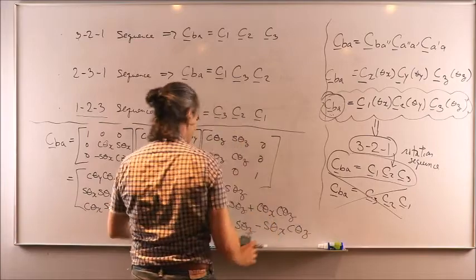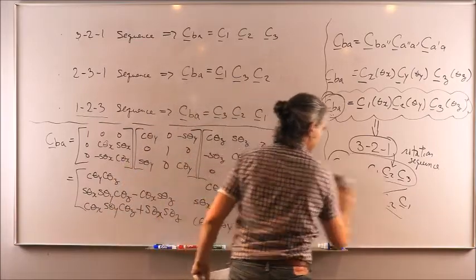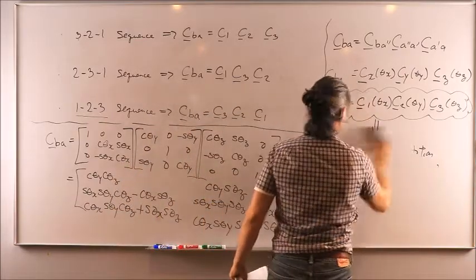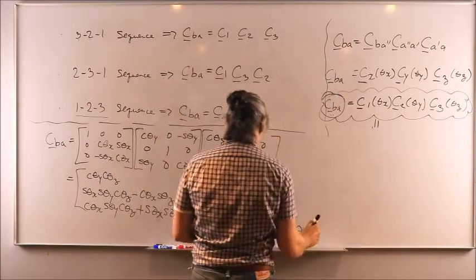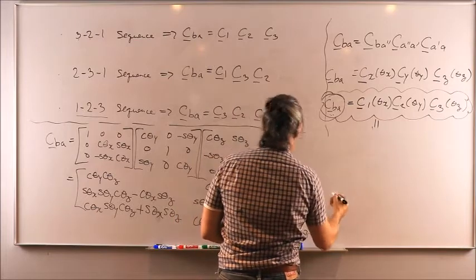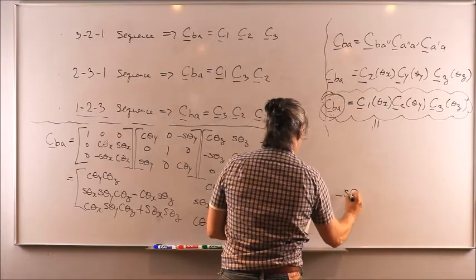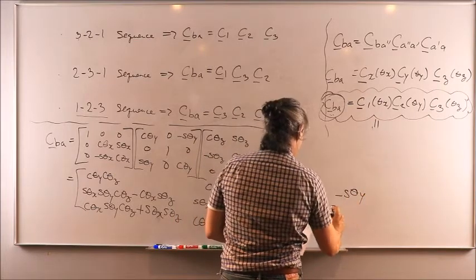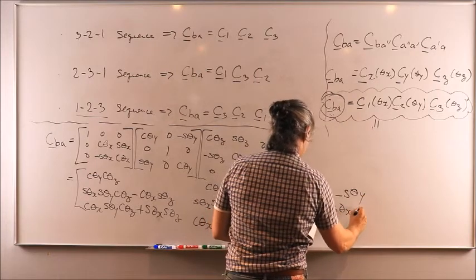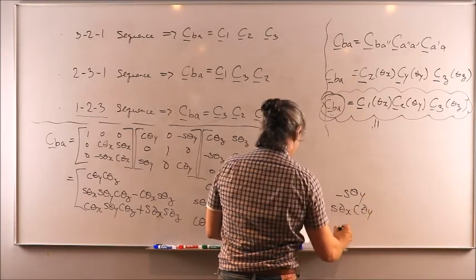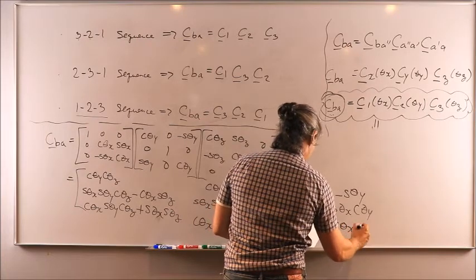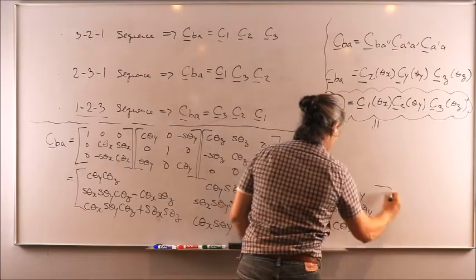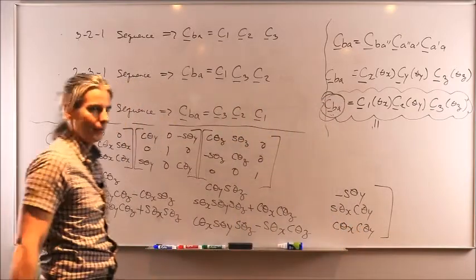That's it for the second column of this 3x3 matrix. Thankfully, my board is large enough to write it all down on the board. And the last column is minus sine theta y, sine theta x times cos theta y. And the last entry is cos theta x, cos theta y. It's a big 3x3 matrix.